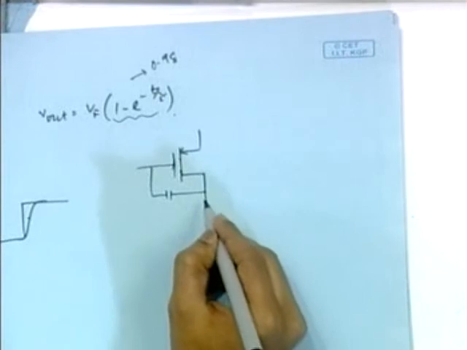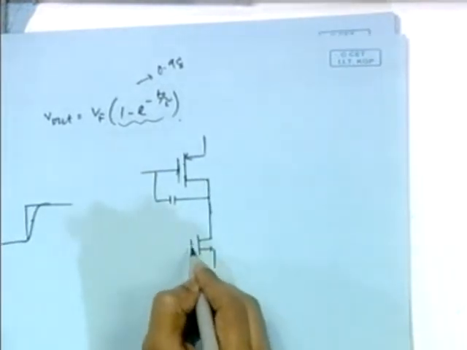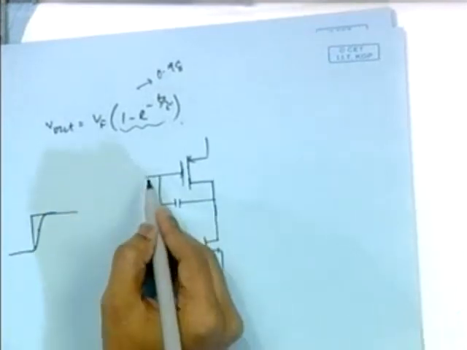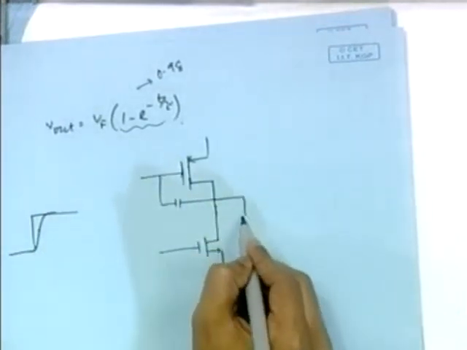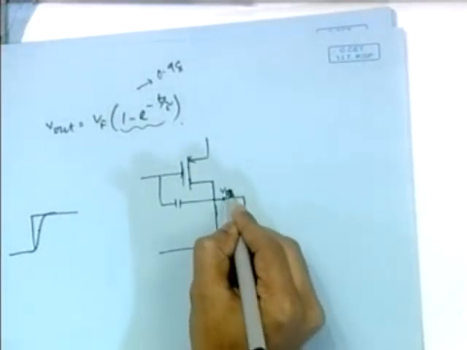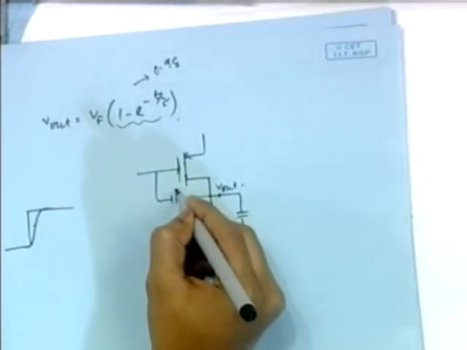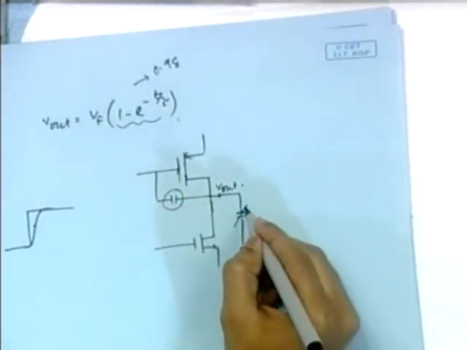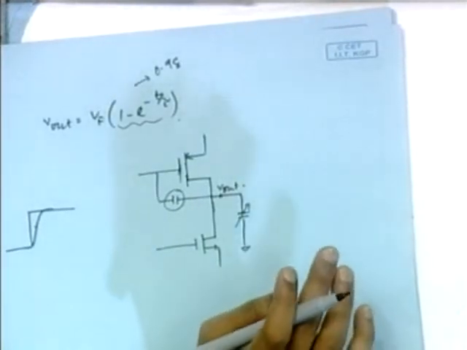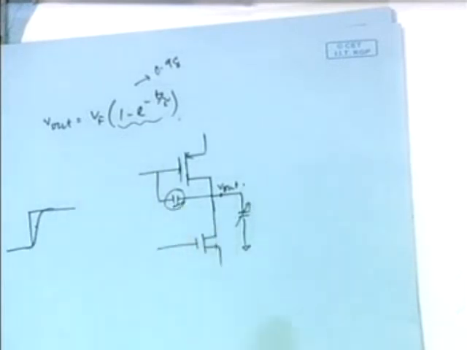Now this portion is the V, and here this is the V out. V out obviously will depend upon the variation. Right now I am neglecting this part, CL is not there. So V out will depend upon CC, the compensation capacitor, and what will be the value of dV out dt.